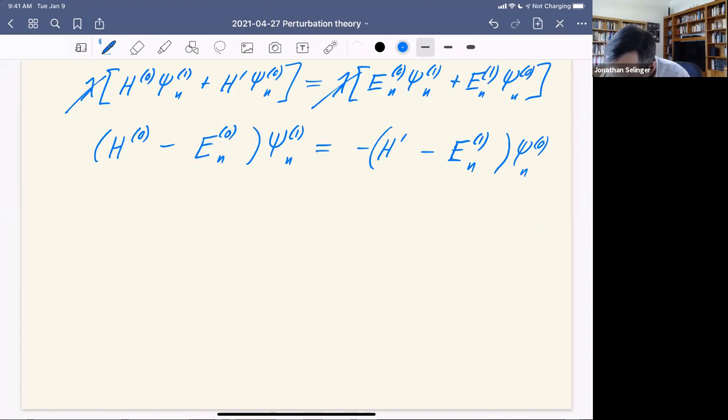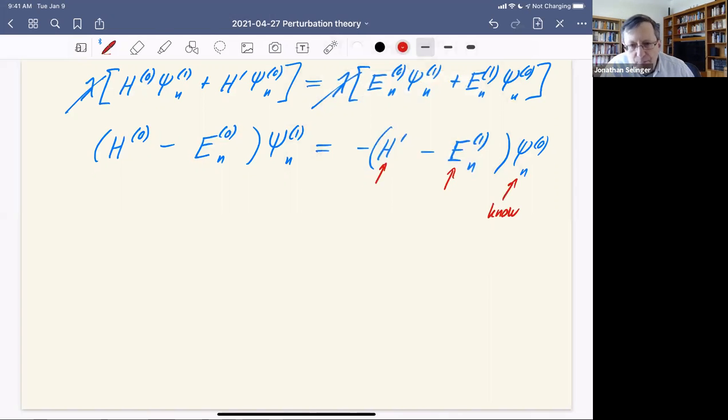Okay, so now we can say in this equation, what is known and what is unknown. We know the old unperturbed wave functions. We know what's the perturbation in the Hamiltonian. We now know what's the first order change in the energy eigenvalue, right?